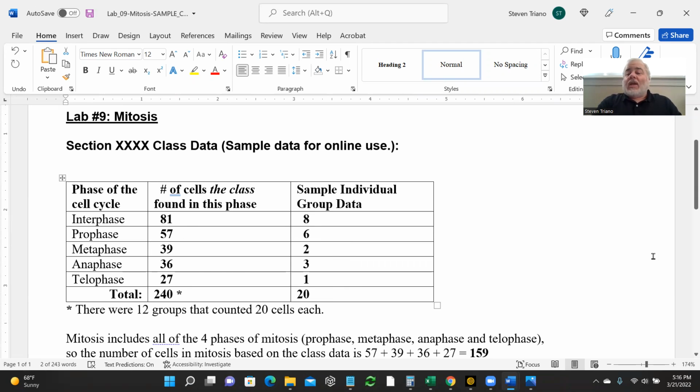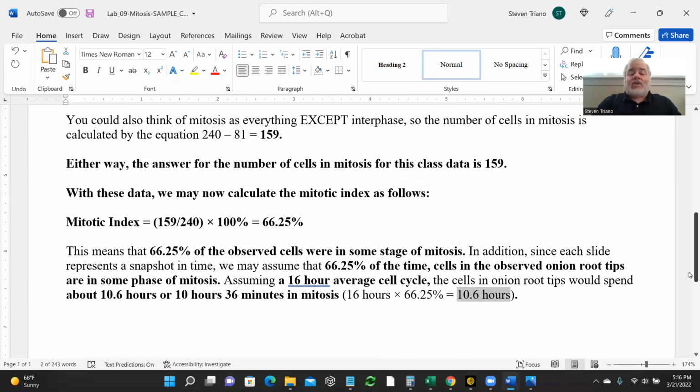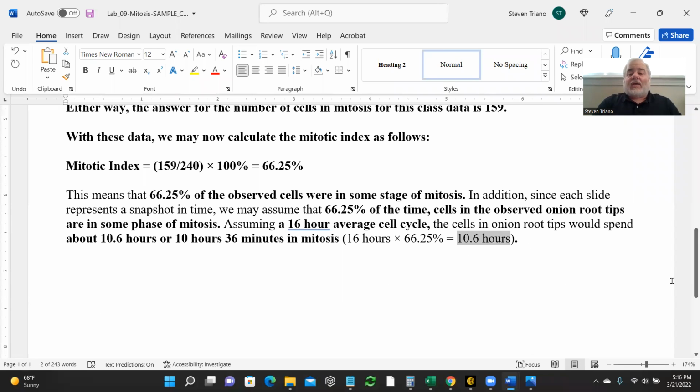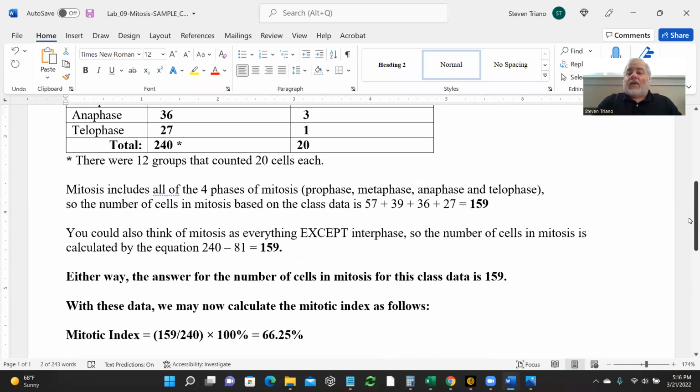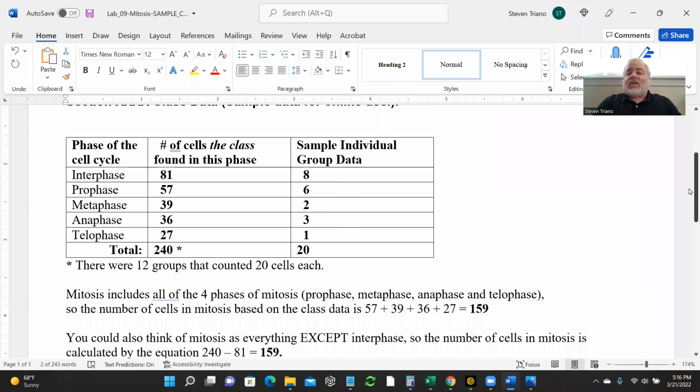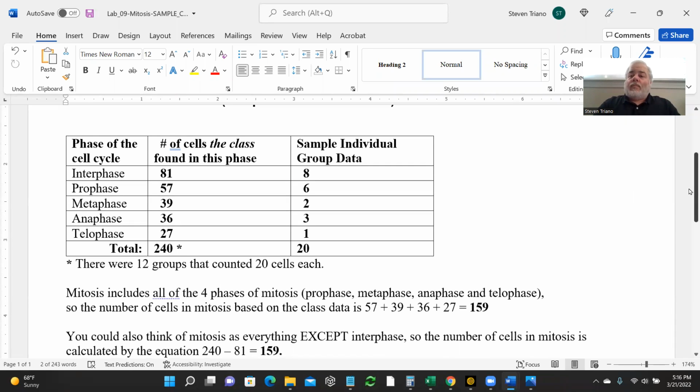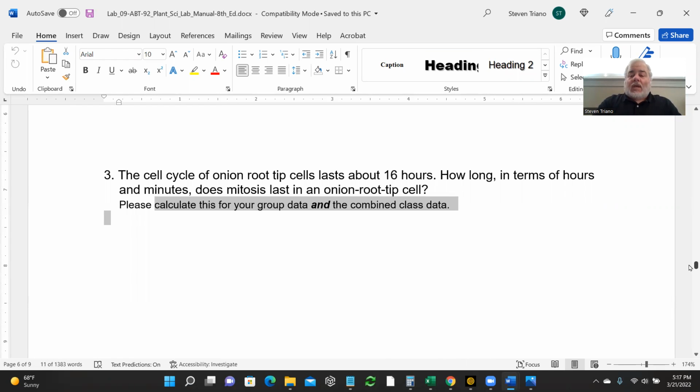Now, I've already given you how to do that for the entire class data, but unless you get the class data from the current class that you're in, if there is a face-to-face component, and you can get a hold of that data from your lab partner or from me. All right.